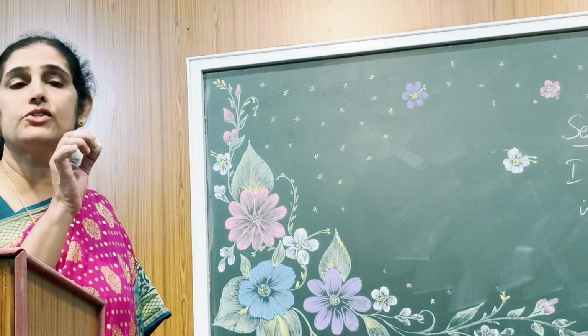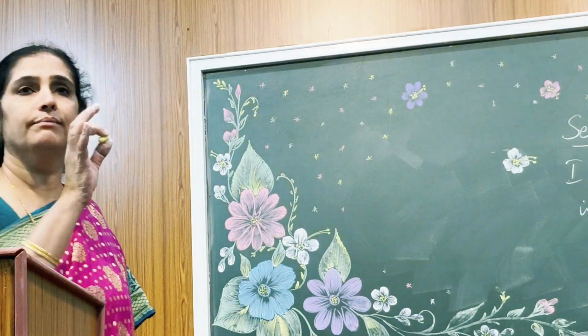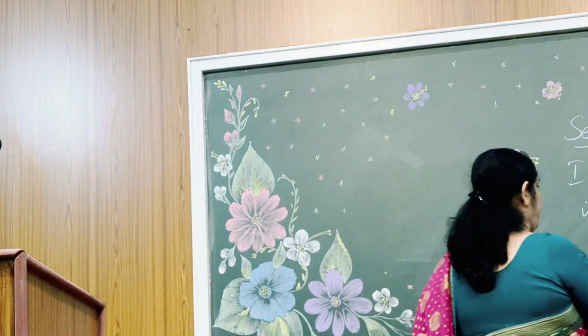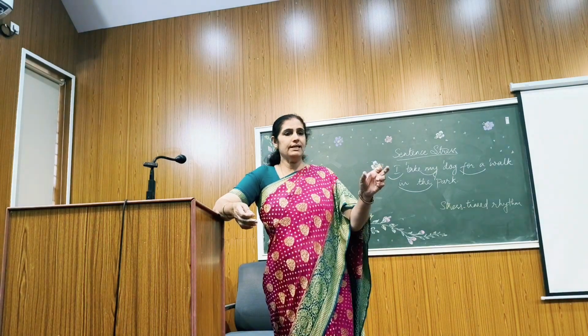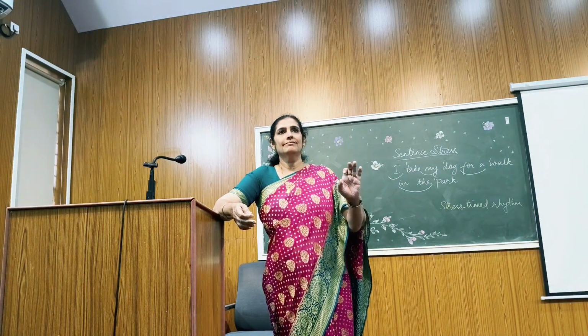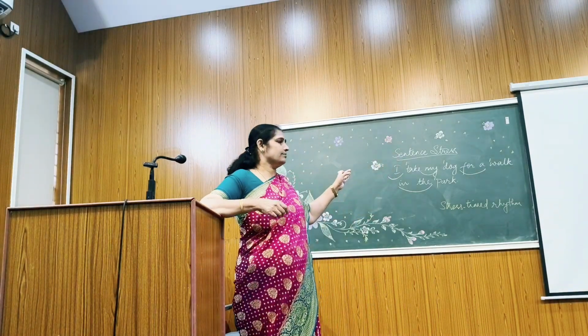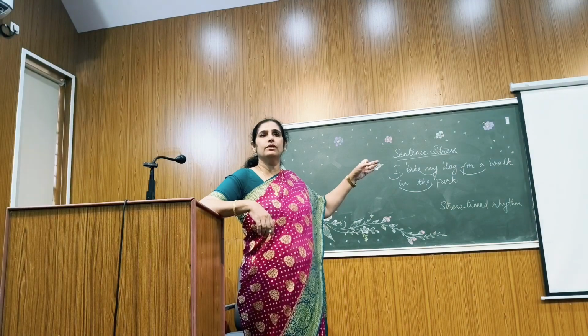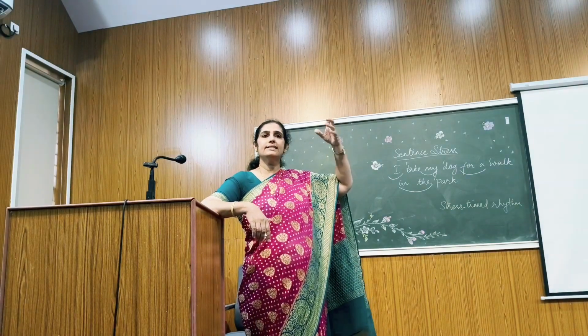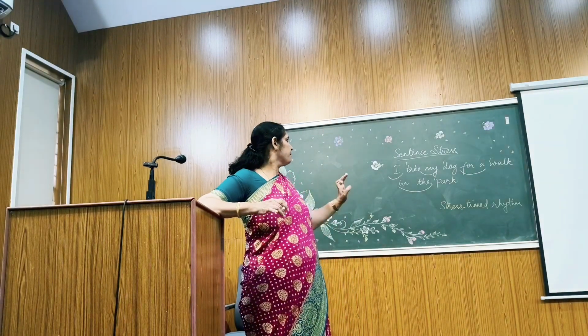English is supposed to have a stress-timed rhythm. What is the meaning? Earlier we discussed that every language, even your mother tongue, when you speak a sentence, you don't give equal importance to all the words. Isn't it? So English is also like that. We don't give equal importance to all the words. Some get more highlighted, some get less. That's all.